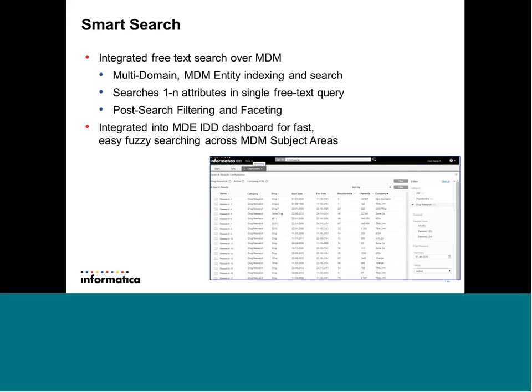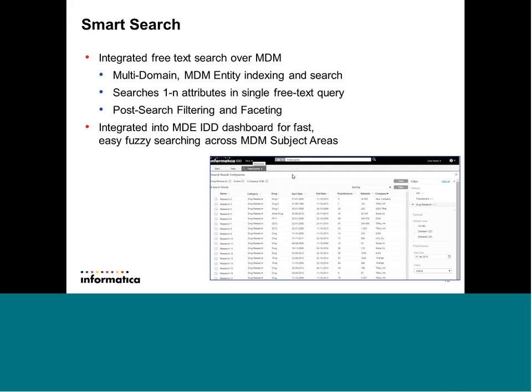Smart Search manifests in the UI as a text box in the header of the Data Director view. You'll see that in the screenshot there. What it's exercising in the back end is a free text search that's implemented using a packaged search engine that deploys in tandem with the name 3 matching engine.